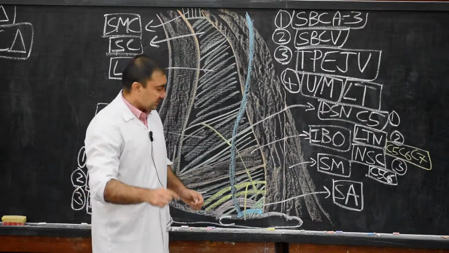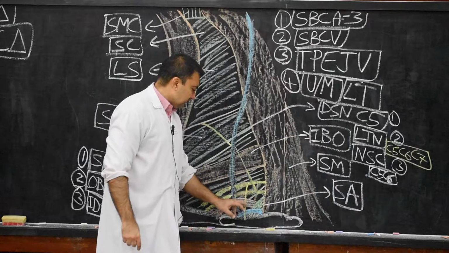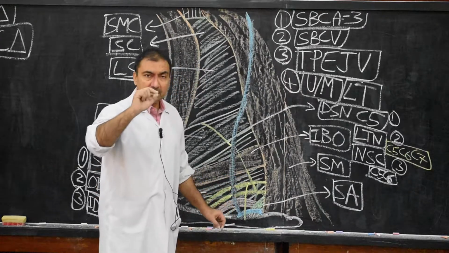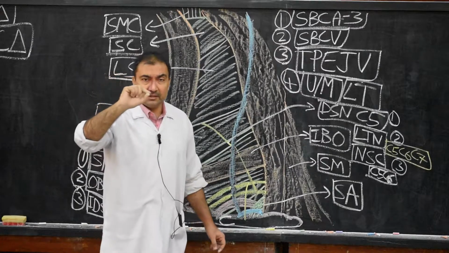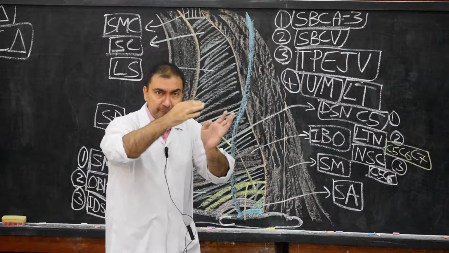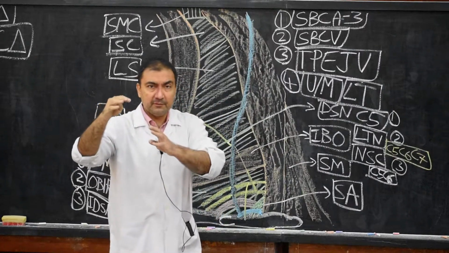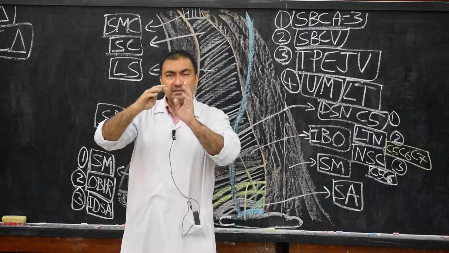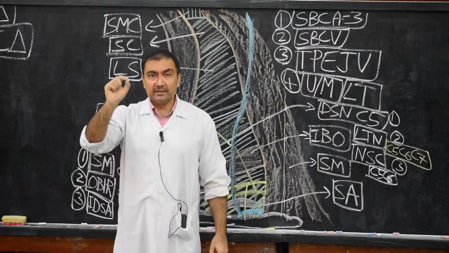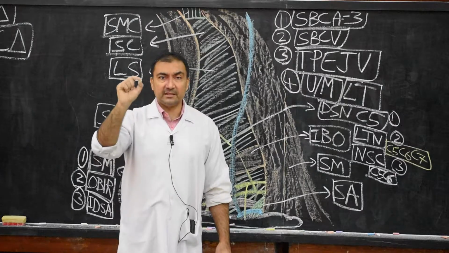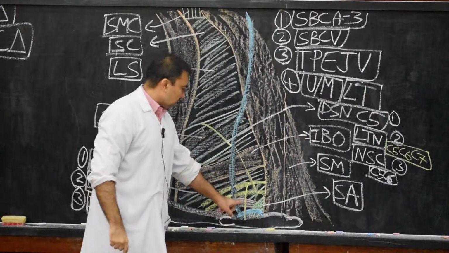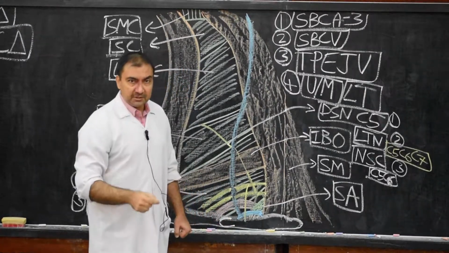This nerve will also sometimes give an offshoot from C5 that joins the phrenic nerve, where it is known as the accessory phrenic nerve. So this is the nerve to subclavius.